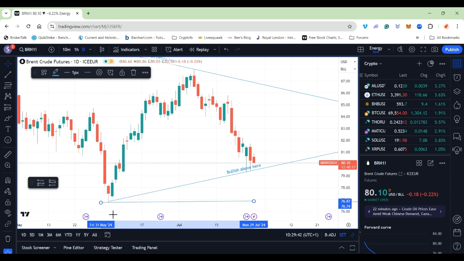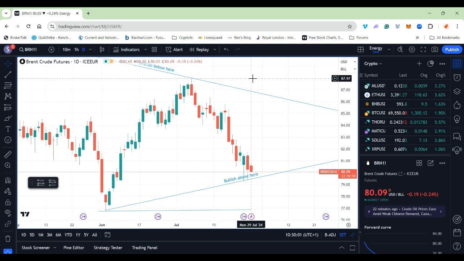So we had a huge bounce from around 76, 74 to 76, 80, around that level. And then we had a big bounce up all the way up to 87.